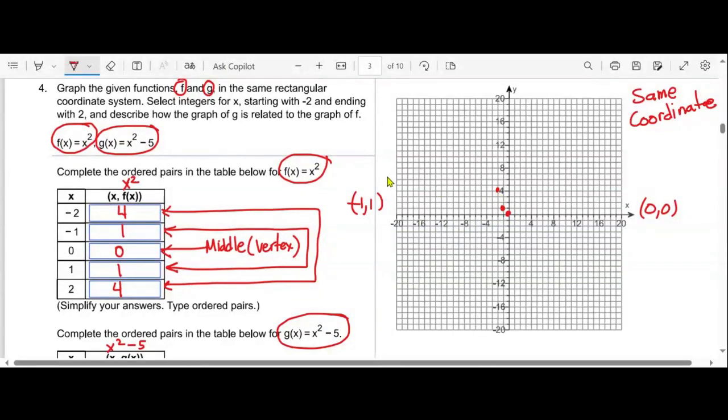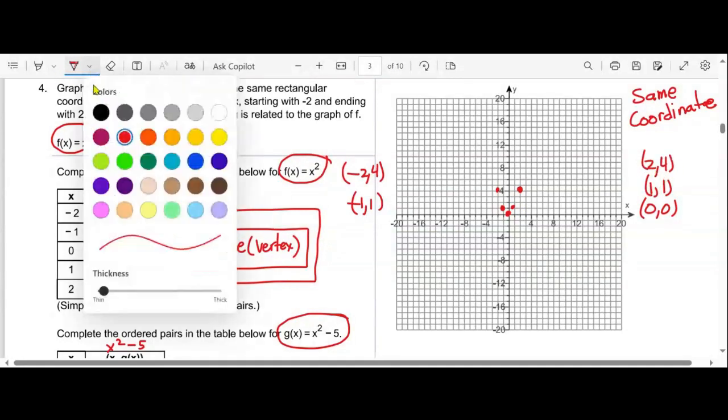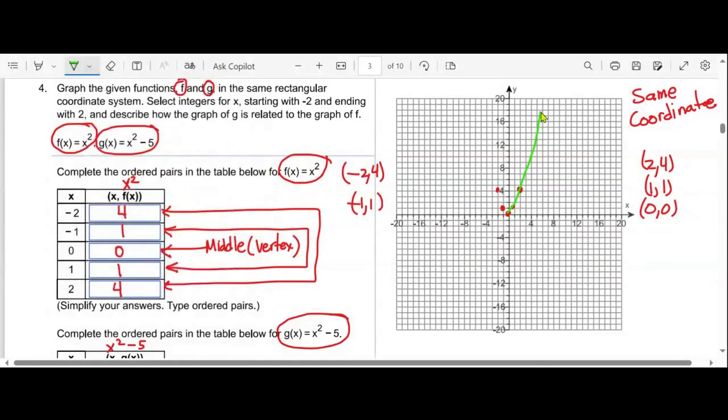On the other side, 1, 1, and then 2, 4. And then you graph the curve. Okay, that's the first graph.